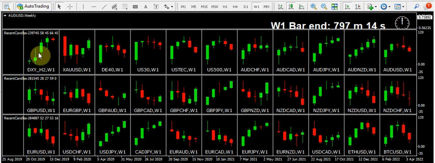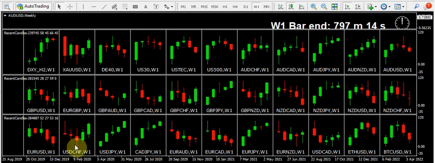You've got the dollar index there, cable, euro, I like to have a look at, and they are bunched together in what could be loosely described as an organised setup.